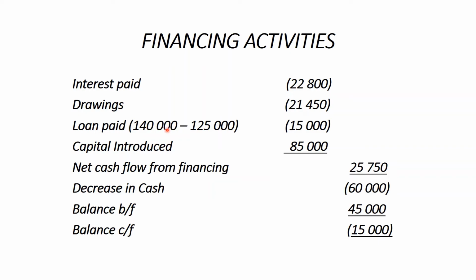Then we paid part of the loan. It was 140,000 in the first balance sheet, and then we have it at 125,000 in our balance sheet. So that gives us a difference of 15,000 that would have been paid. Then we have the owner introducing 85,000 in capital into the business as a financing activity, but this time it's an inflow of cash.